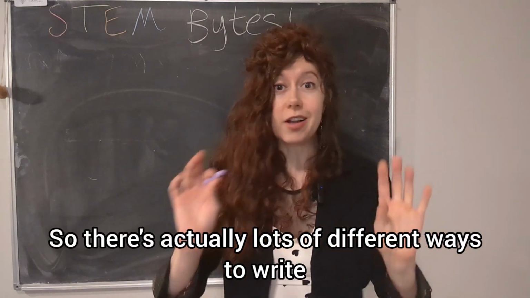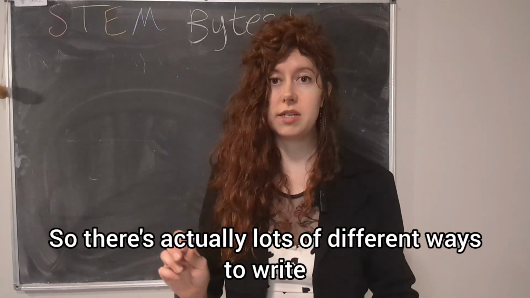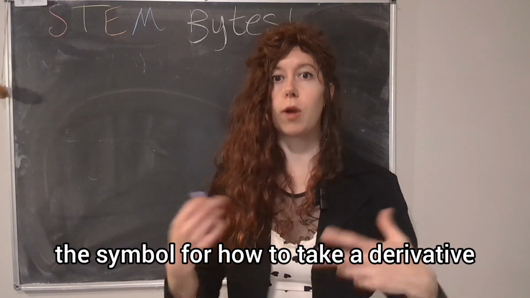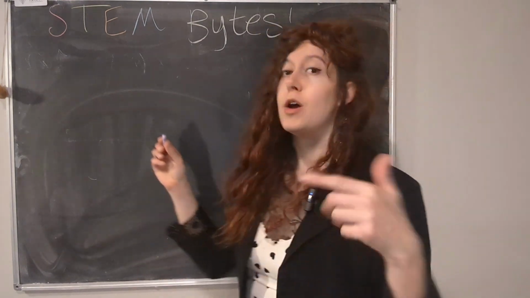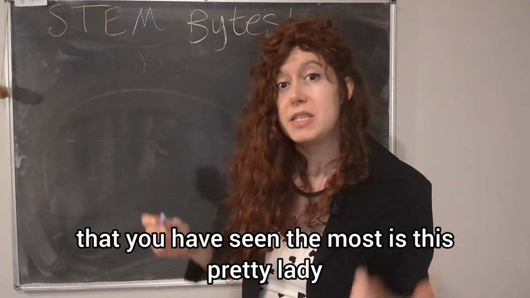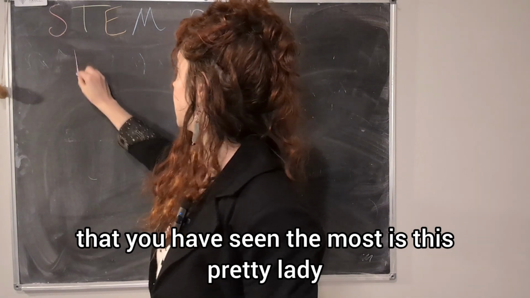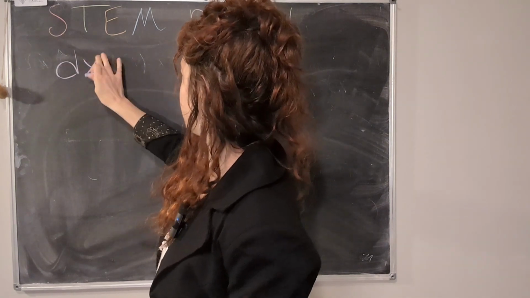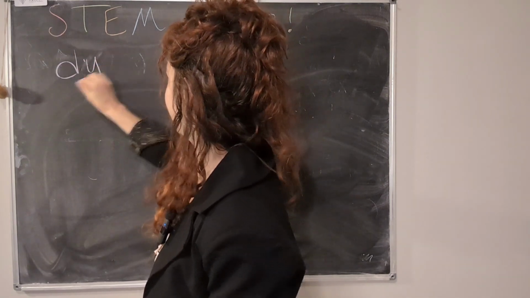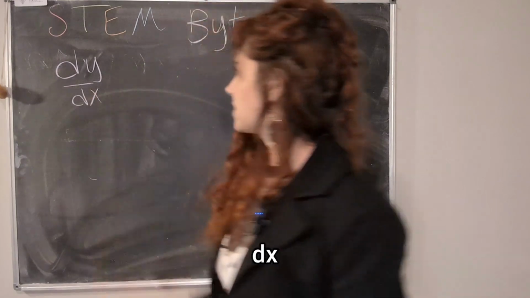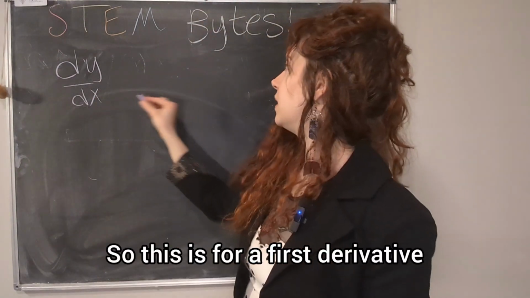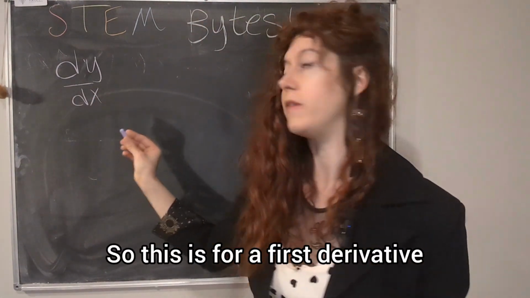So there's actually lots of different ways to write the symbol for how to take a derivative. Probably the one that you have seen the most is this pretty lady, dy dx. So this is for a first derivative.